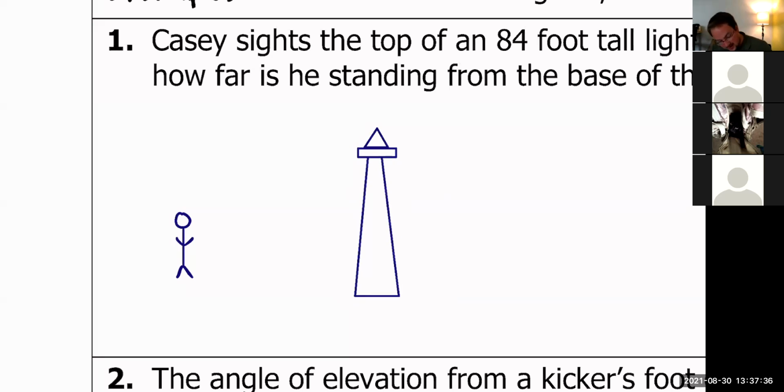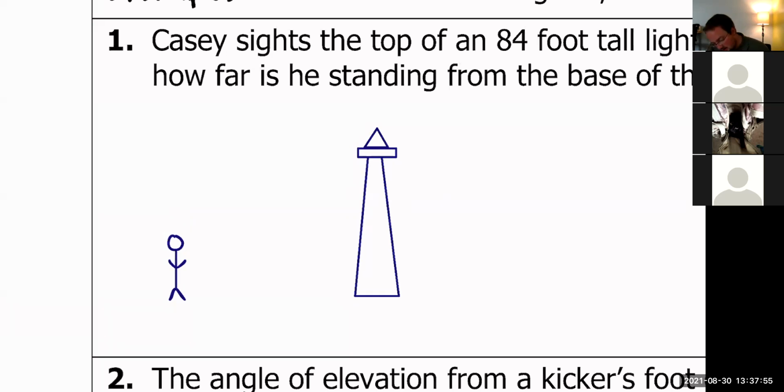There's my kind of sad looking lighthouse. Oops, it's not level with Casey. We're assuming that they're standing on the same level. Again, I won't grade you on your artistic ability because obviously I have none.